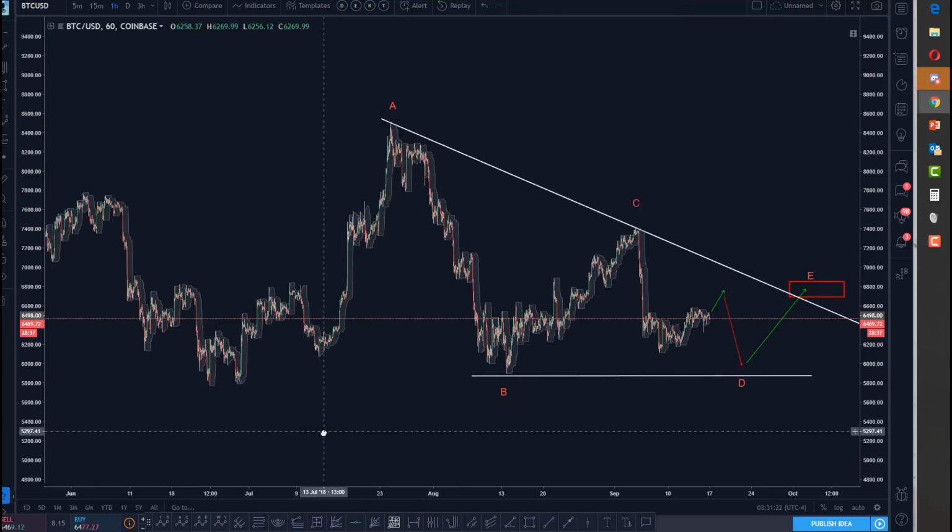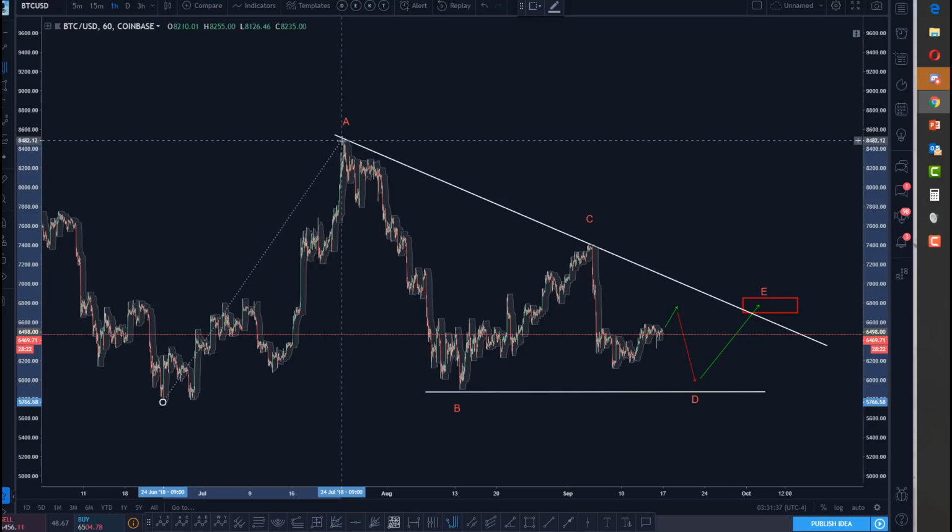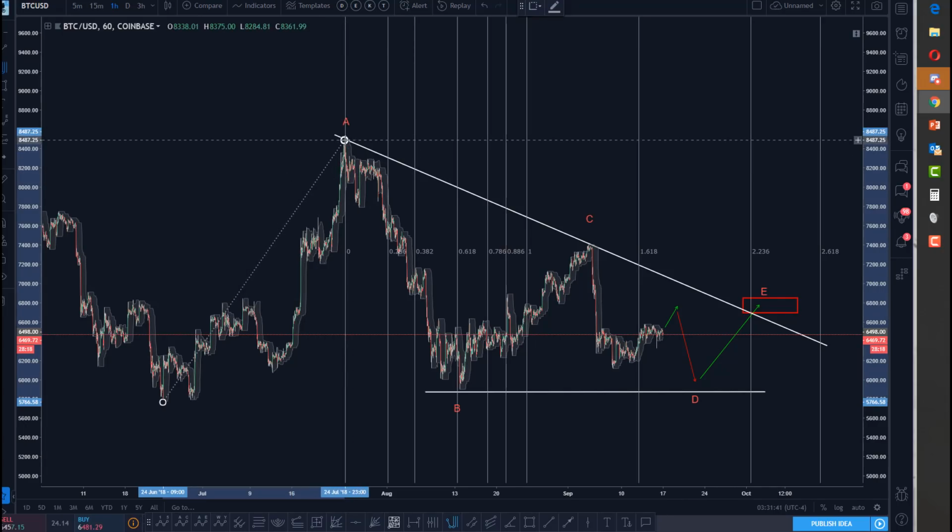But let's run another fib time, on just the triangle legs. So the A, we have to make a decision, measure from here or here. I guess I'll go with here to start. We can adjust it later. And what do we get?